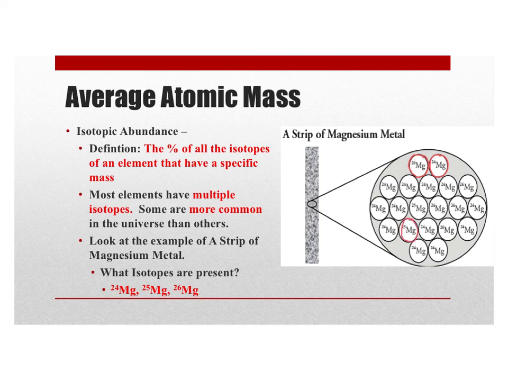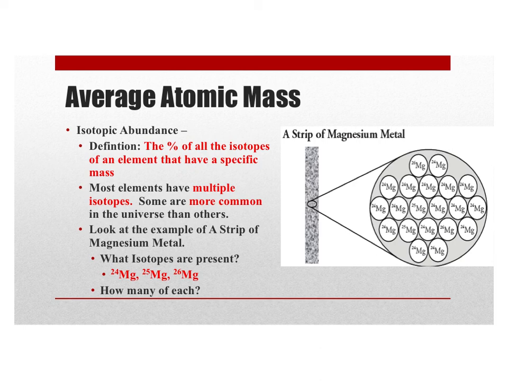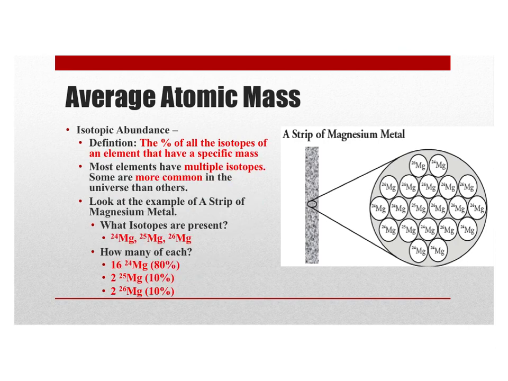So then the question becomes, how many of each of them are there? Now you just go through, count them up, and see how many there are. If we do that, we discover that we have 16 that are Mg24, 2 that are Mg26, and 2 that are Mg25.